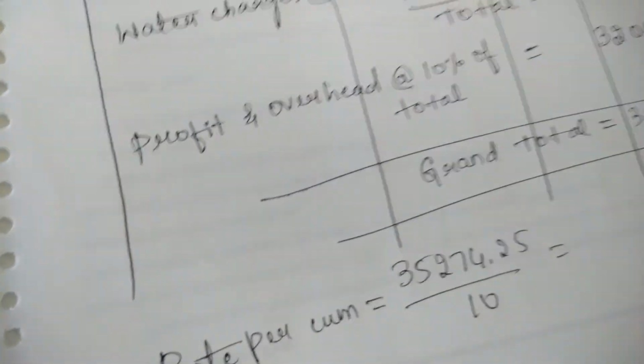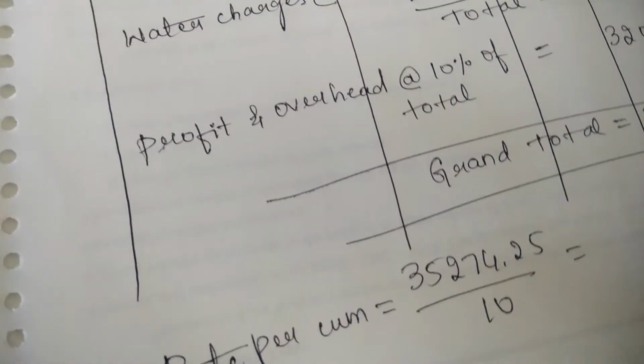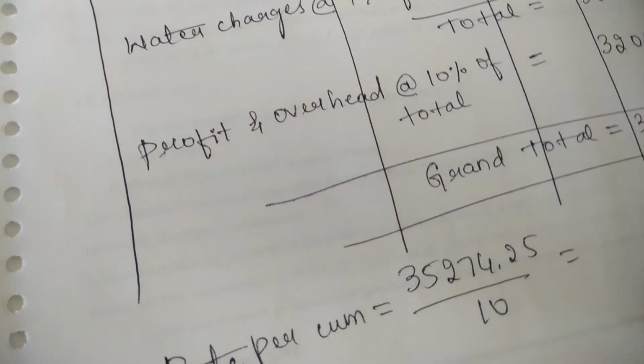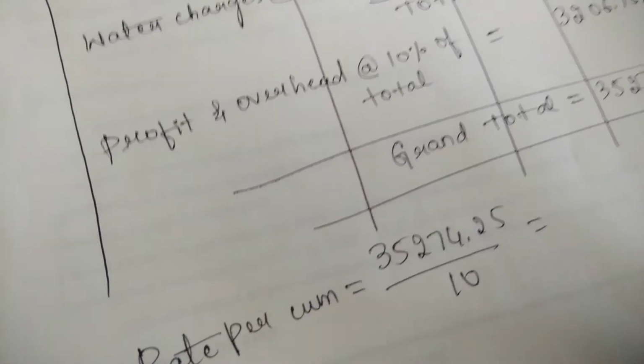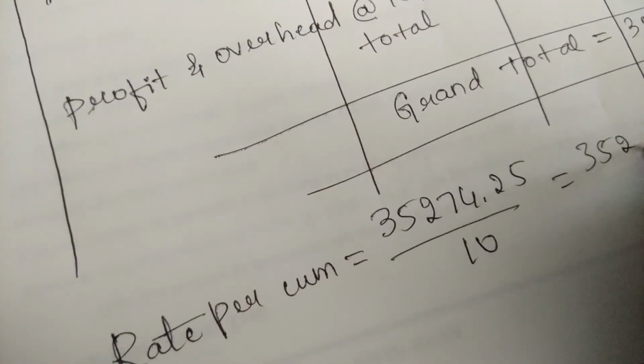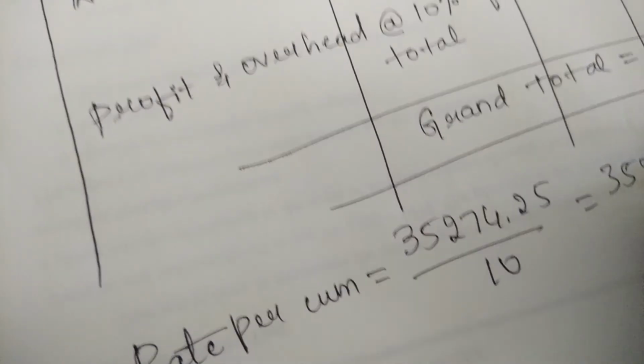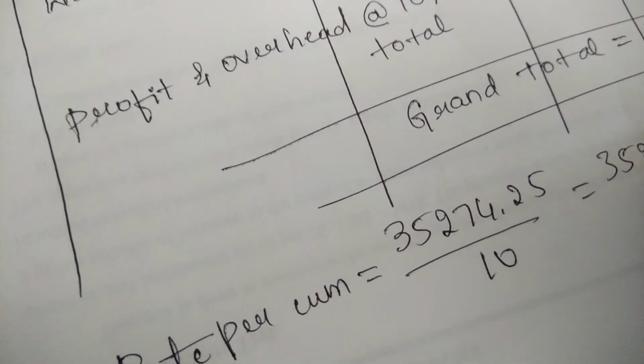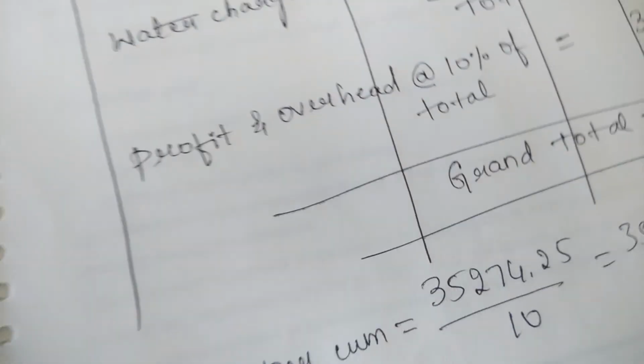On dividing the total value by 10, you get the cost for 1 meter cube. You get 3527.425 rupees for 1 meter cube.